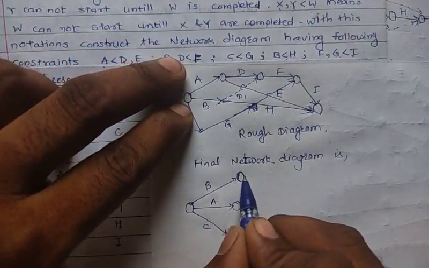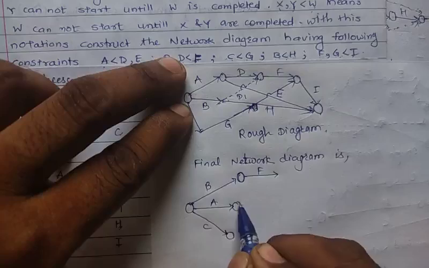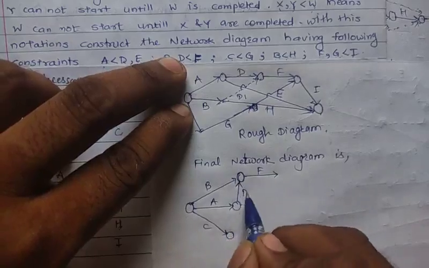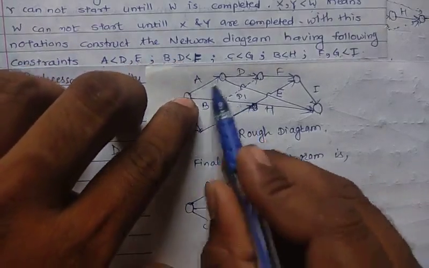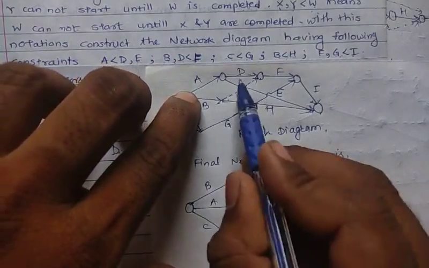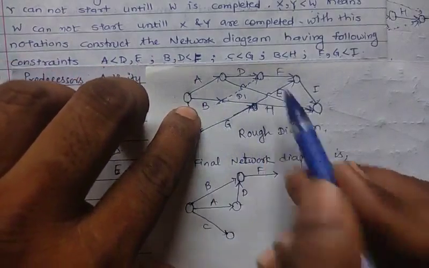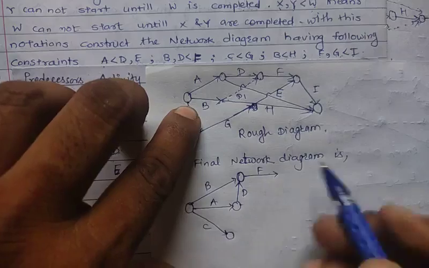So here this is F and here this is D. A goes to D and B directly goes to F.